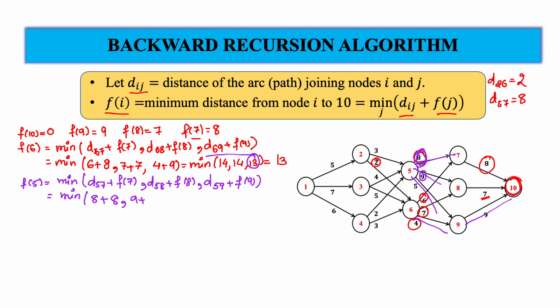So 9 plus F8 is what? 7. Similarly D5 to 9 is 5, then plus F9. F9 is how much? 9. Okay, so put these values, minimum of 16, again 16 and 14. What will be the minimum value? So minimum path from 5 to 10 is what? Of 14 units, which you are getting from 5 to 9 you will travel, and from 9 to 10. So that will be minimum path from node 5 to 10.